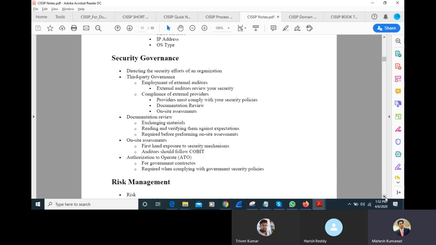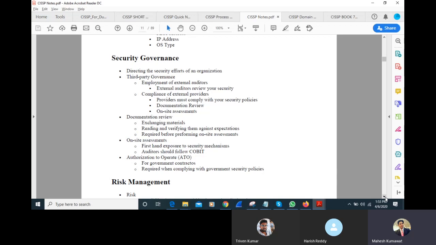Documentation review means exchanging materials, reading and verifying them against expectations, required before performing on-site assessments. On-site assessments give first-hand exposure to security mechanisms and should follow COV, authorized to operate. Contractors are required when complying with government security policy.